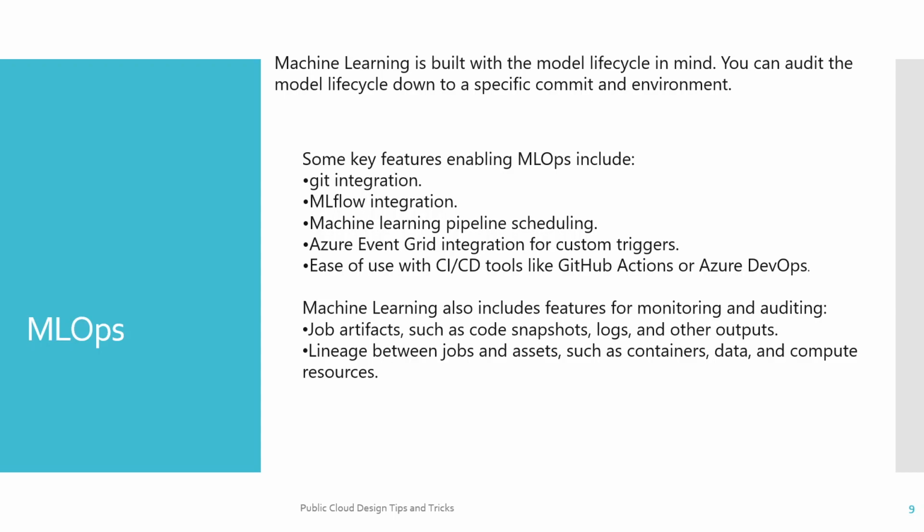And Azure ML also includes features for monitoring, auditing, and your job artifacts, your code snapshots, logs, all those things, and then a lineage between jobs and assets, such as durable objects like containers and data, and transient objects like compute resources. So these are the things on the monitoring and auditing part.